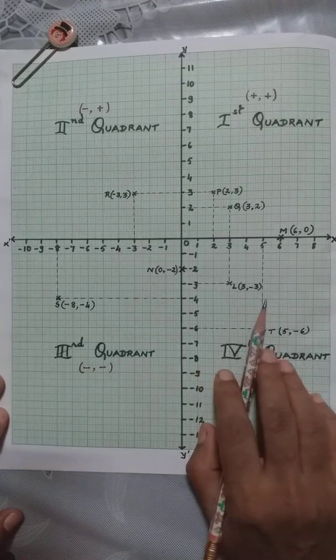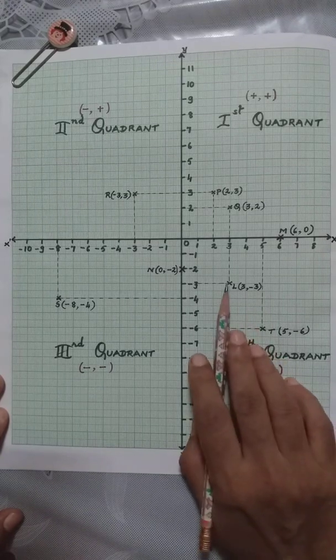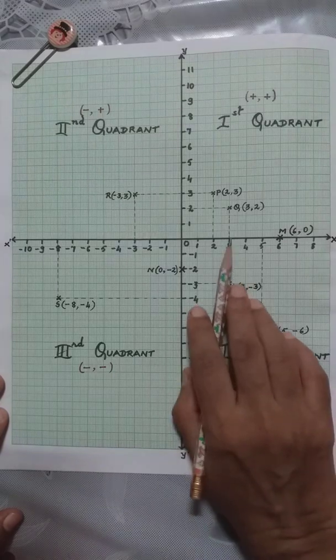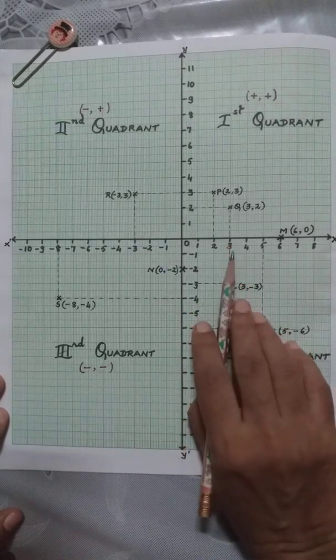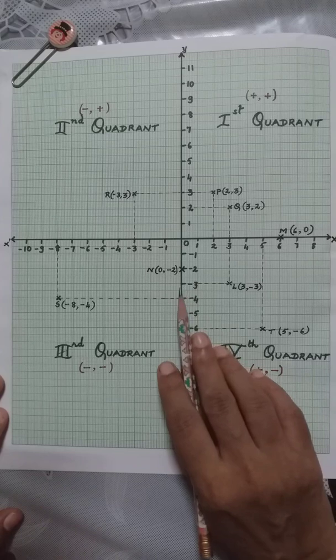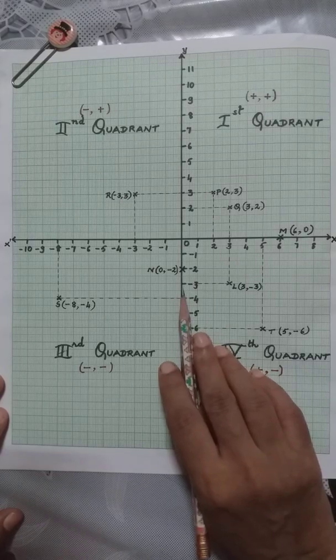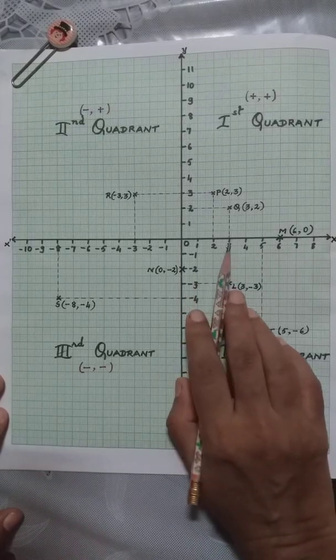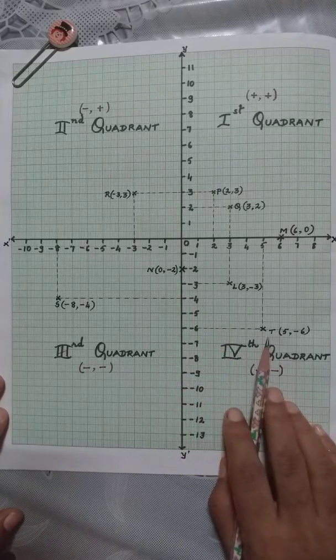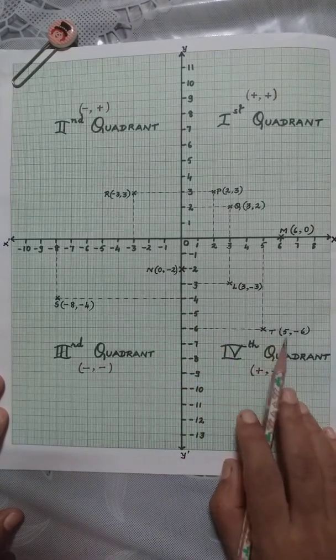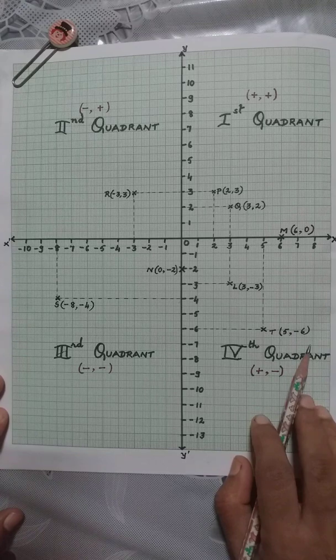Going to the fourth quadrant, you will see the point here. I have written 3 comma minus 3. Why have I written 3 comma minus 3? Because this point L corresponds to 3 on the x-axis and minus 3 on the y-axis. So one positive, one negative. In the same way, if I take the point T, I see 5 and minus 6.